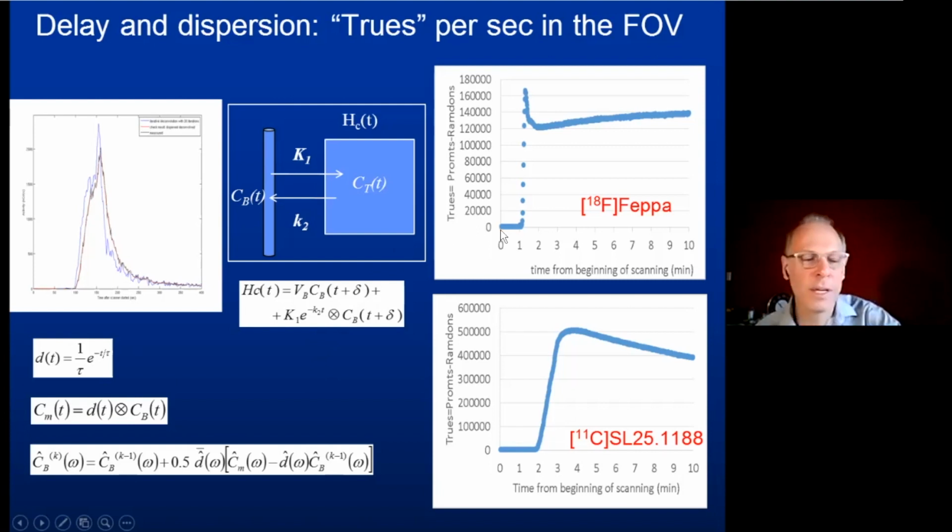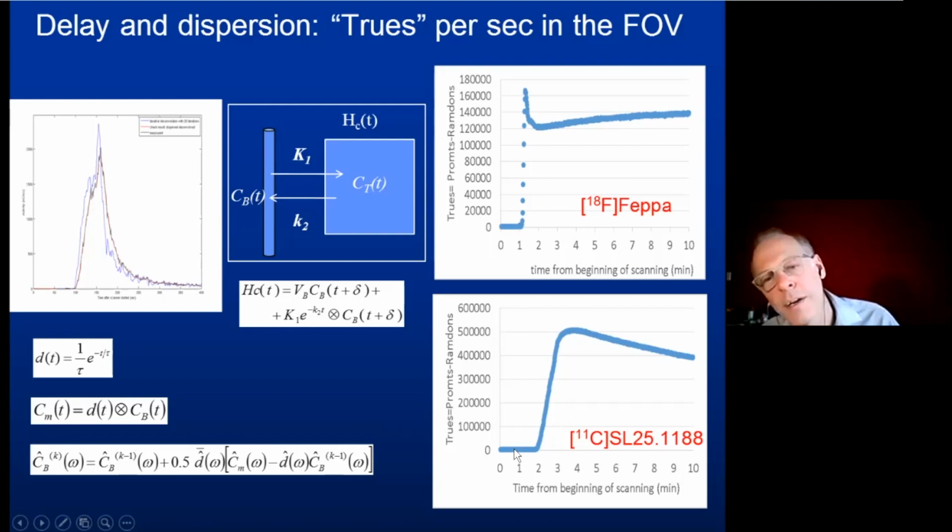When I have a radioligand like FEPA that enters into the brain very quickly and I can see the vascular contribution very clearly, I keep only the first term, but I set the constant K2 as 0, basically saying that in the first few minutes after injection, the radioligand is not returning into the blood.